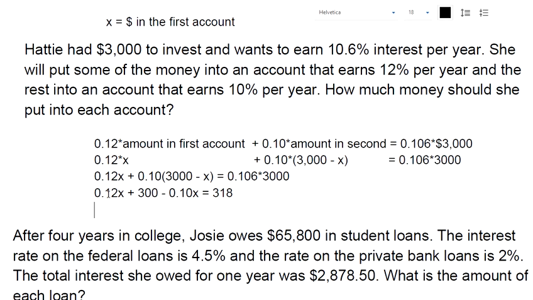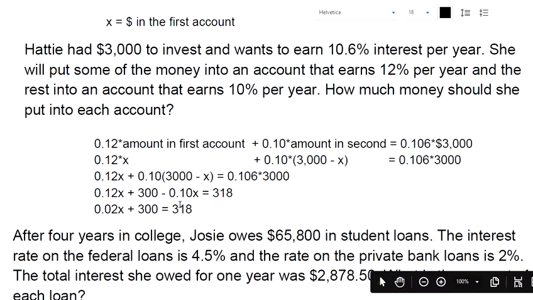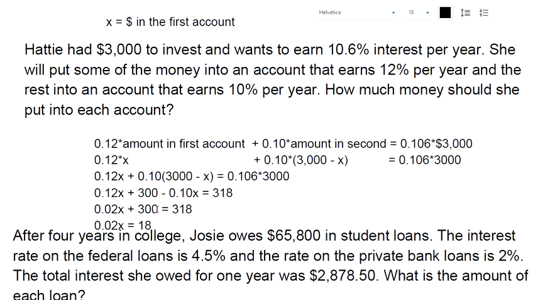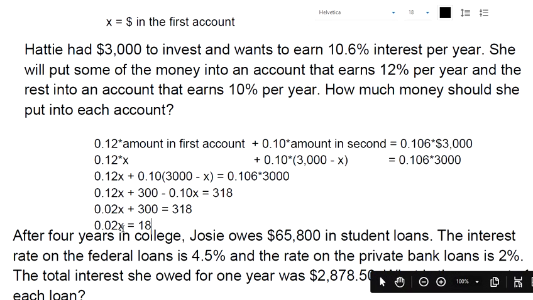Now we're getting closer to solving. 0.12x minus 0.10x gives us 0.02x. Now to solve this equation we subtract 300 from both sides, which gives us 18. And then the last step, to get x by itself, we divide both sides by 0.02.